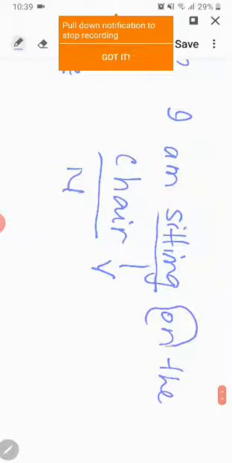And the word on is a preposition, because it is showing my position, where I am sitting. So we can say that a preposition is a word which shows the position of nouns and pronouns also.